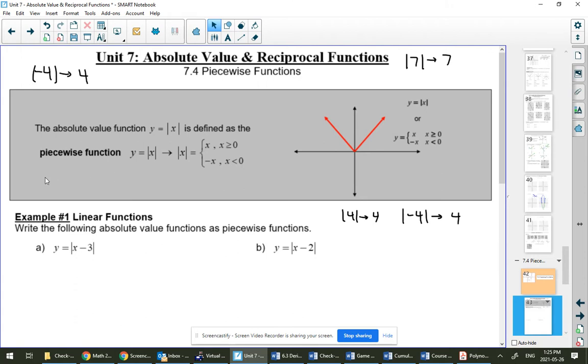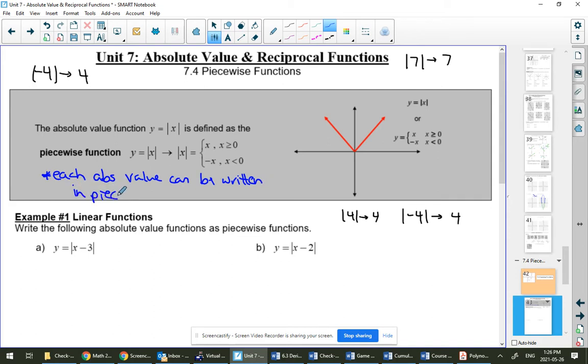And so something I've got extra to write here is that each absolute value can be written in pieces with the domain. And that's because they're behaving differently depending on whether x is positive or negative.